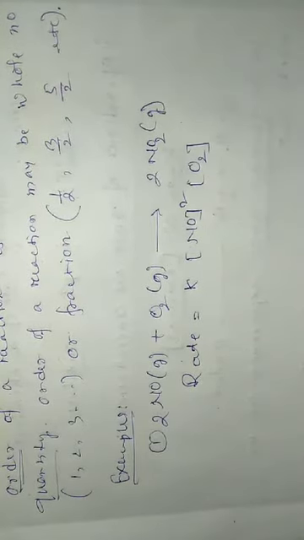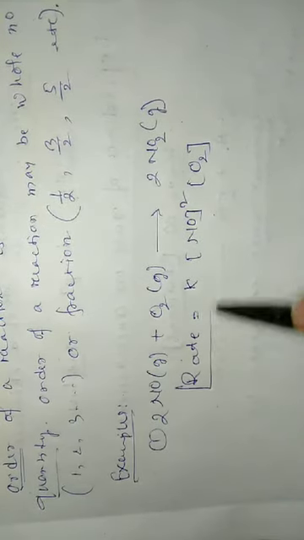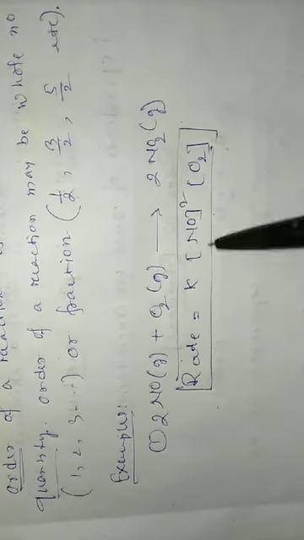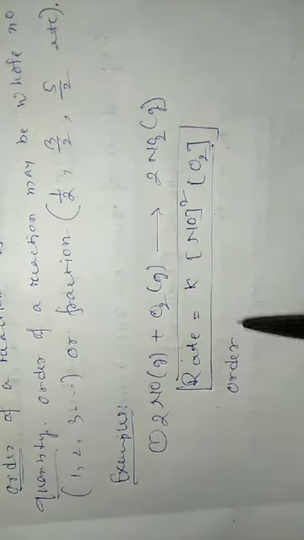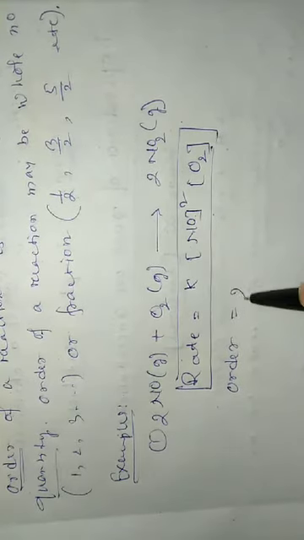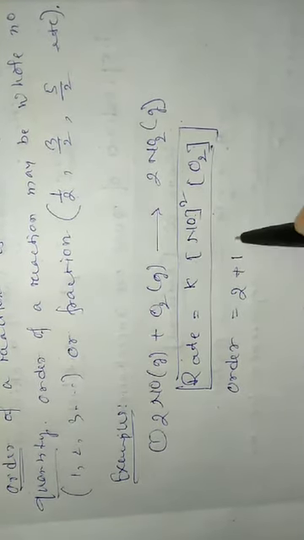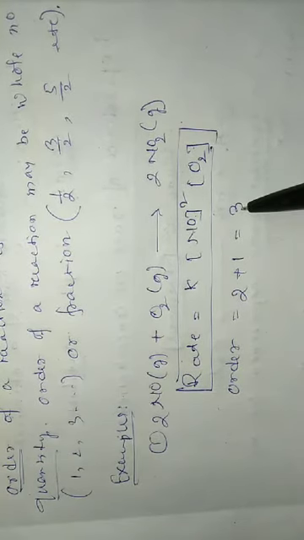So how many overall order of this reaction? For NO, the exponent is 2, for O2 the exponent is 1. So overall order for this reaction is 3.